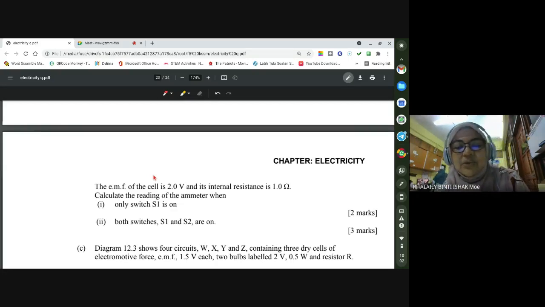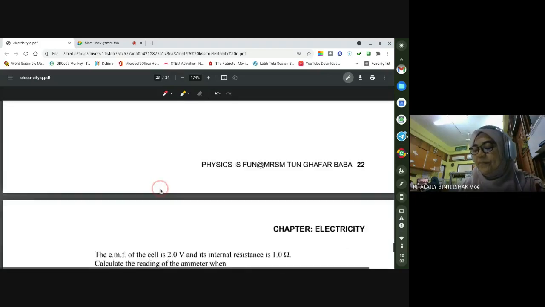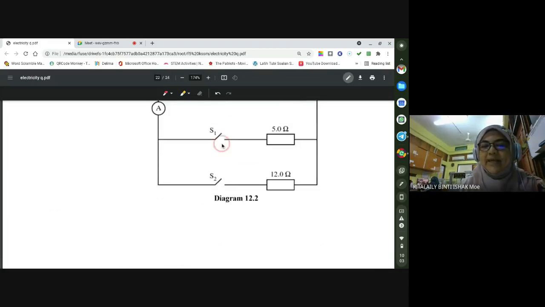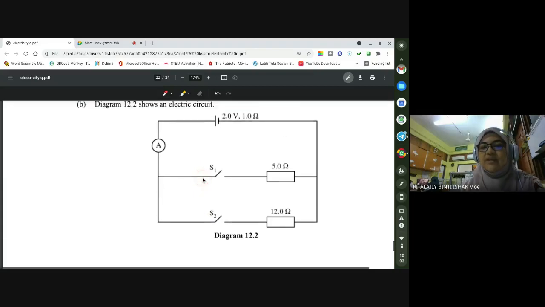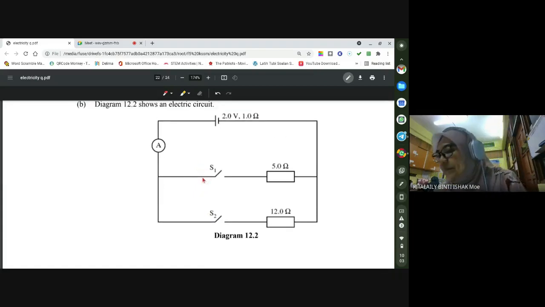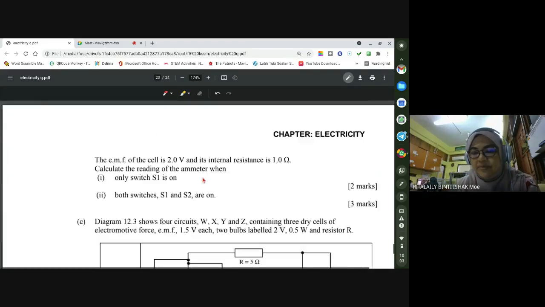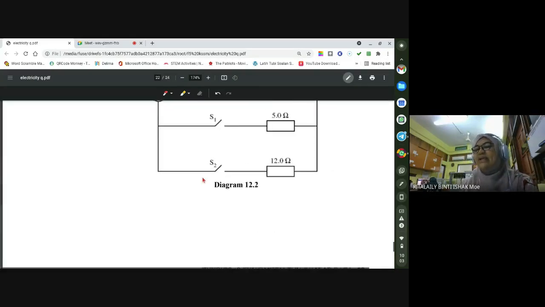But in order for you to get the answer, you need to substitute. The formula we use is that formula. Okay, and number two, if both S1 and S2 are switched on, what would be the reading of the ammeter? Okay, 3 marks. So you need to show the working.